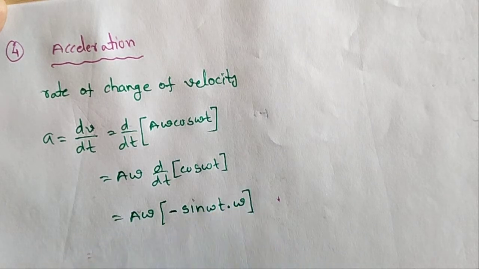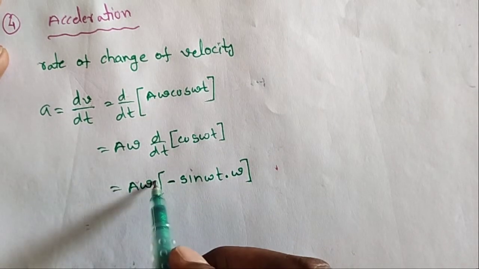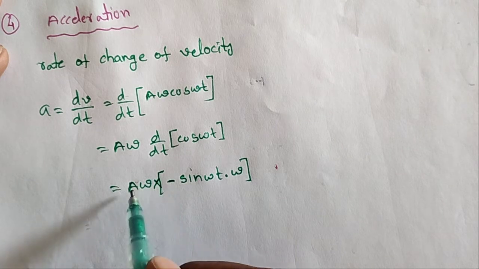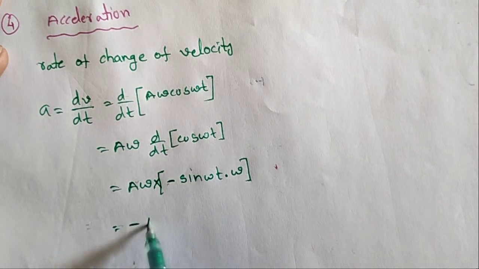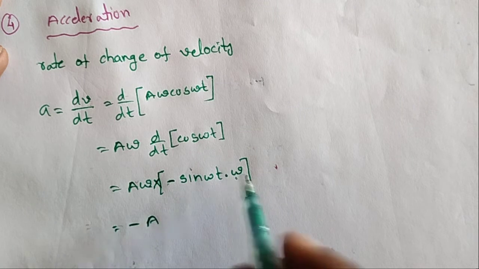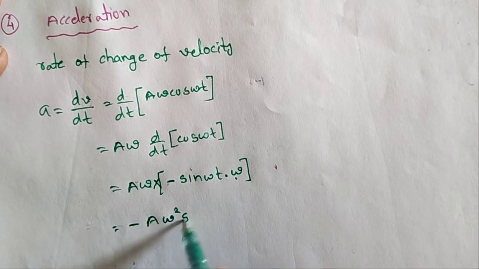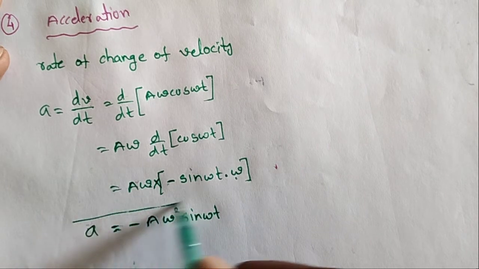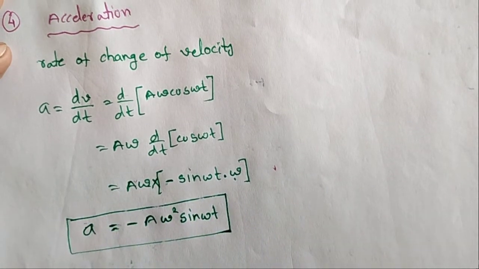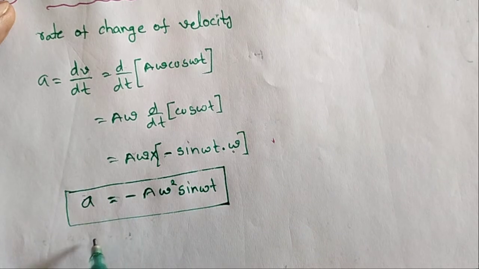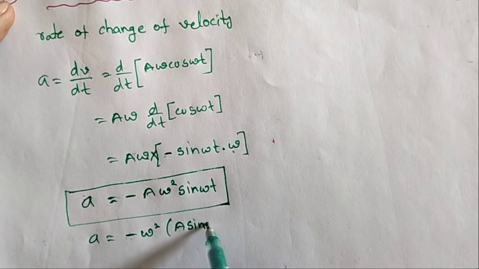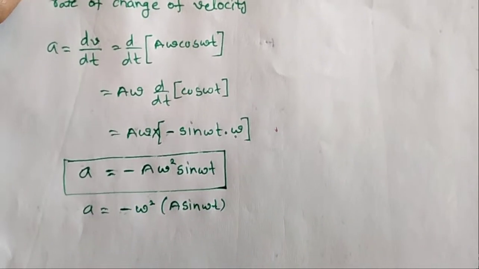This is a formula. Okay, so this is a multiplication. Don't take minus here. So I am writing minus a omega into omega, omega square sin omega t. So this is the general equation of acceleration: a is equal to minus a omega square sin omega t, which is minus omega square a sin omega t.